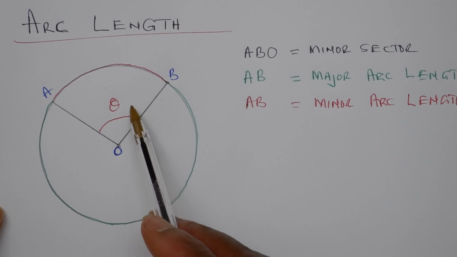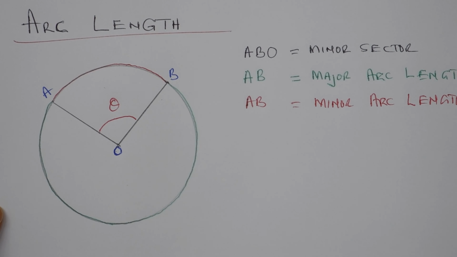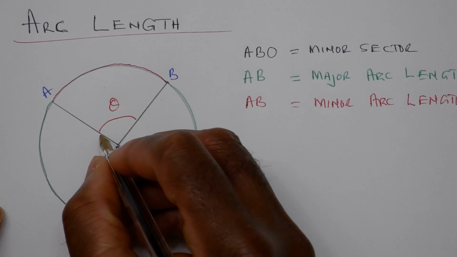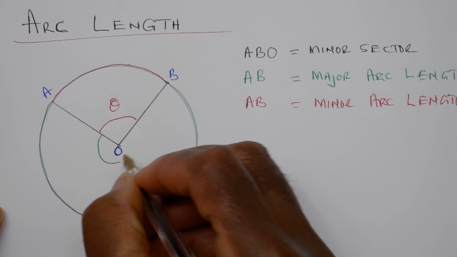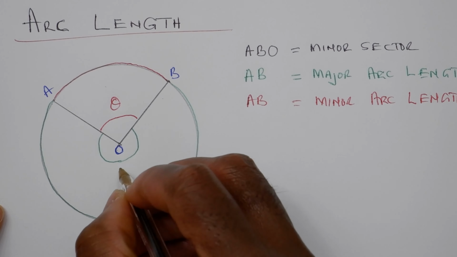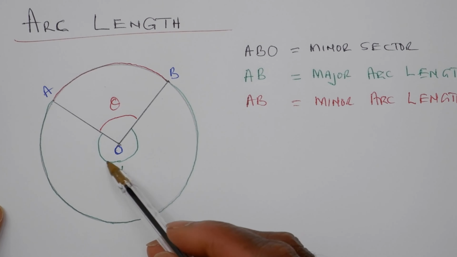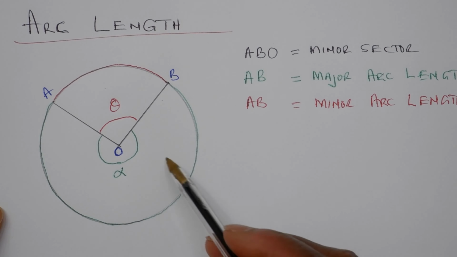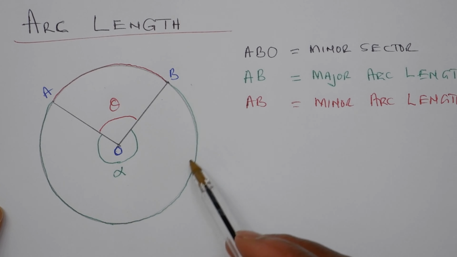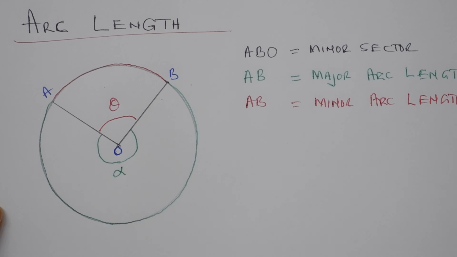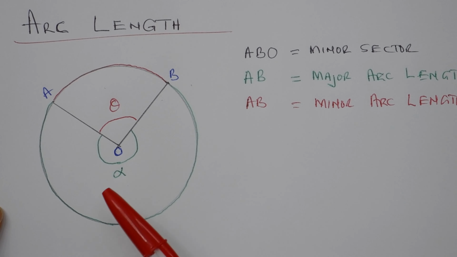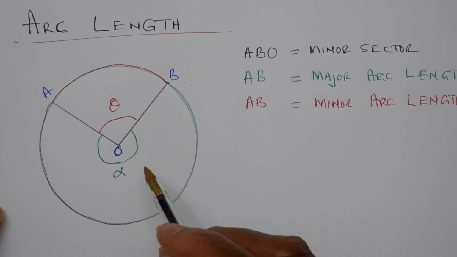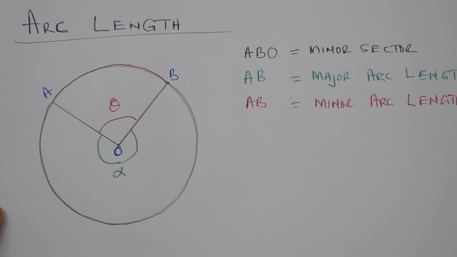So that's the angle that generates that one. And the angle here, let's call that alpha, generates the green one. But the circle now has been divided into two portions of a sector.